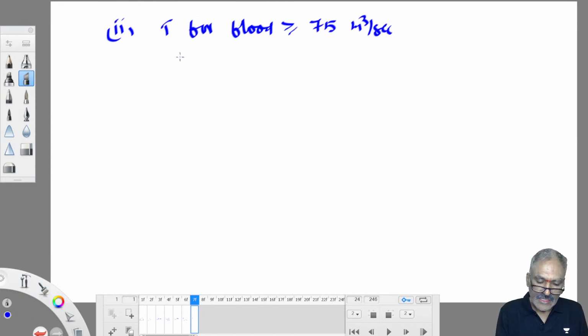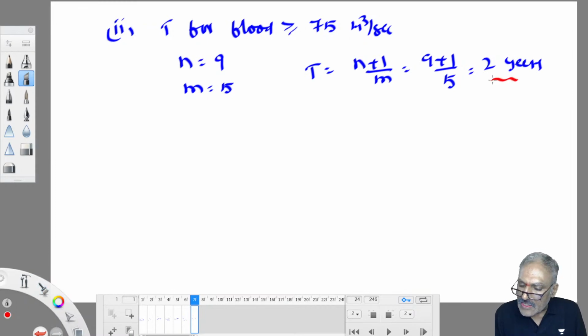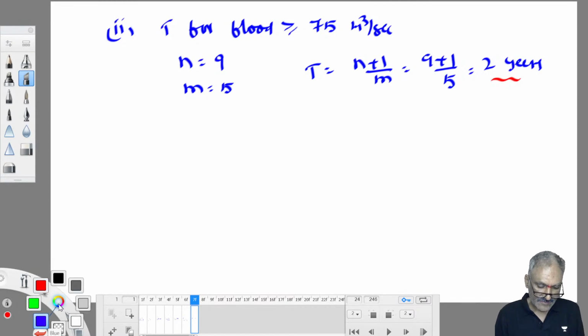So therefore n is equal to the same 9, m is equal to 5. Therefore T is equal to n plus 1 by m. It is 9 plus 1 by 5. It is 2. So a flood of magnitude 75 or more than 75 occurs in that river once in every 2 years. That is the meaning. Hope it is clear to you. Third question.